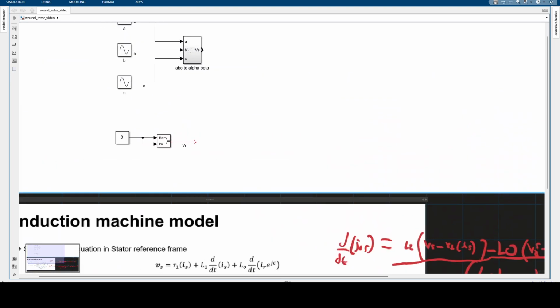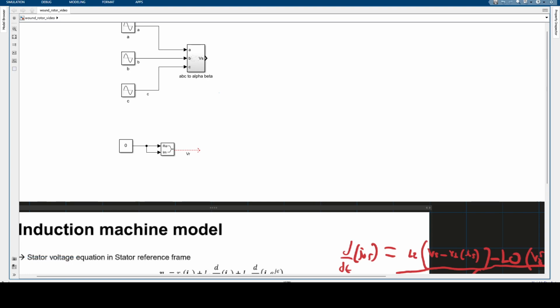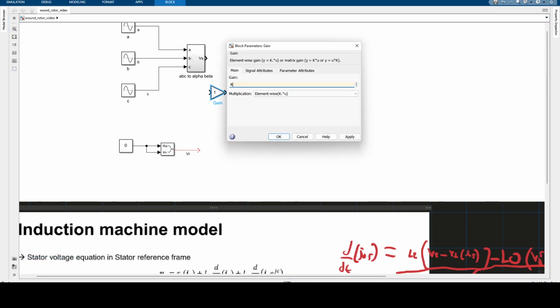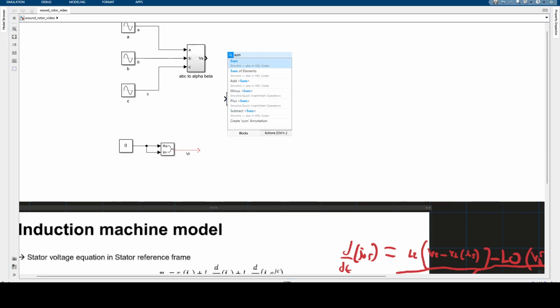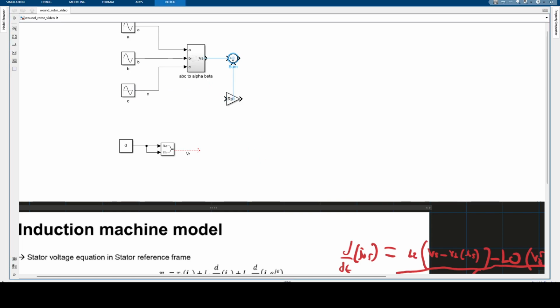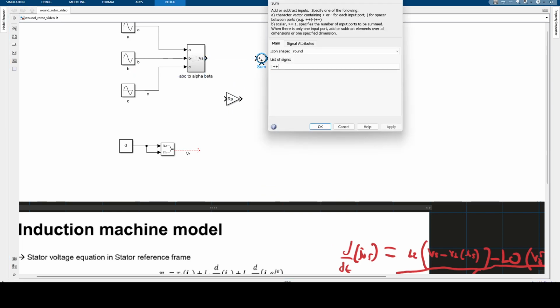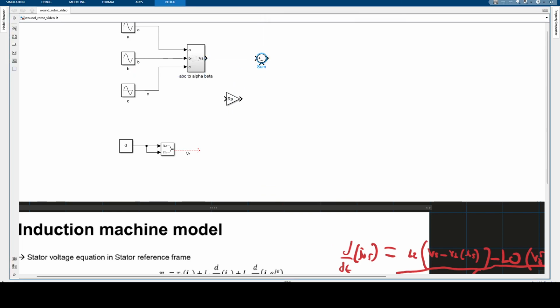So we are going to have a gain of R1, the resistance in the stator, and we are going to have it subtracting our BS.